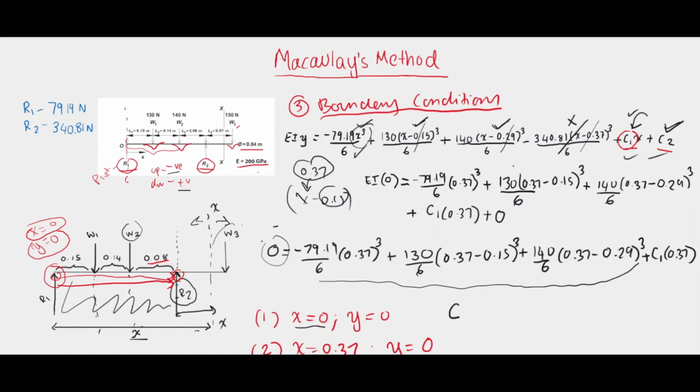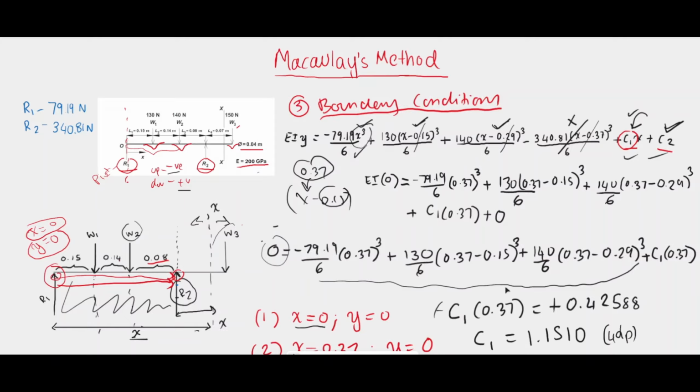So we will get minus c1 0.37 is equal to, and then we simplify all of these terms, which will give you minus 0.42588. And now we divide both sides by 0.37, so c1 is equal to, remember the minus and minus cancel out, so it will be 1.1510, and this is to 4 dp.